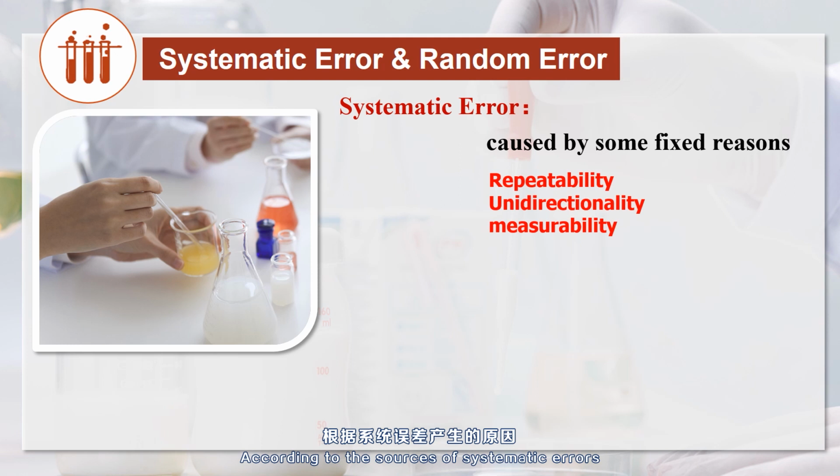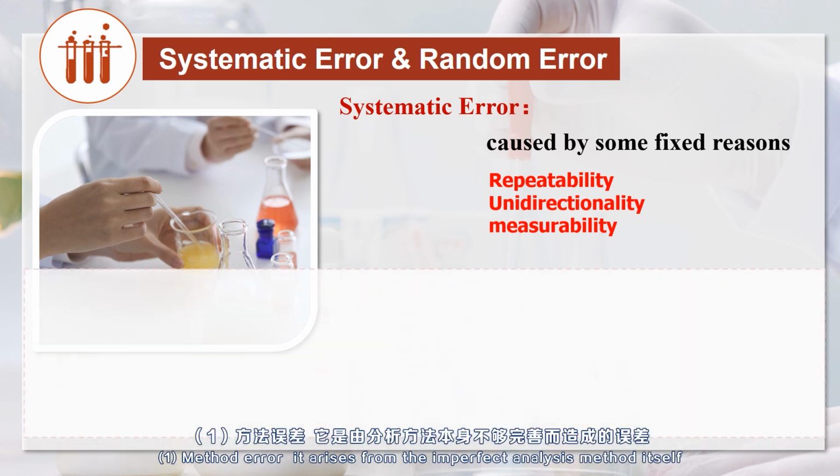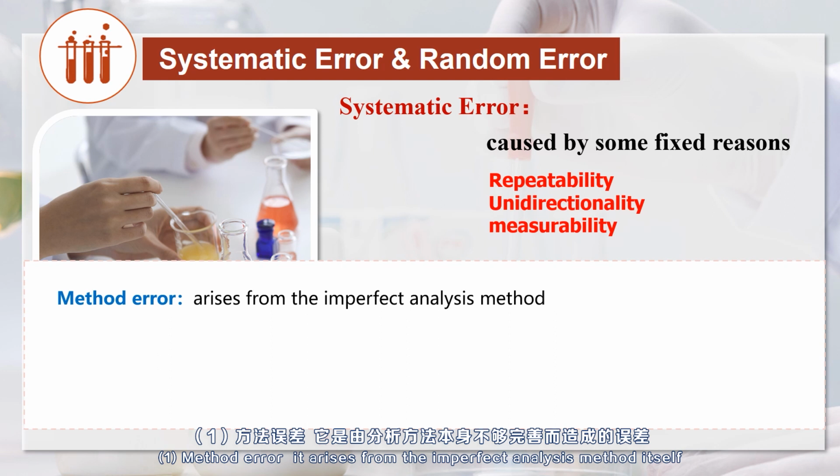According to the sources of systematic errors, it can be classified into 4 categories. 1. Method error. It arises from the imperfect analysis method itself.